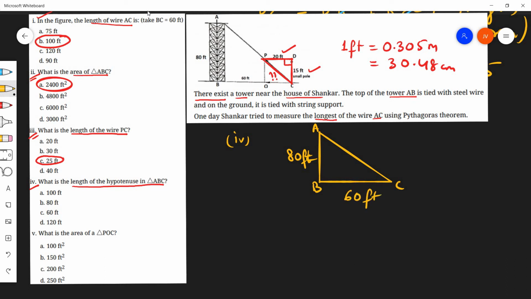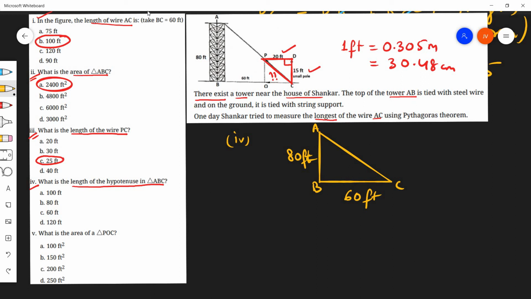Now the question is, what is the length of hypotenuse in triangle ABC? We have answered this in the first bit. Also, we can answer this using the Pythagorean triplet, because 6, 8, 10 is a Pythagorean triplet.